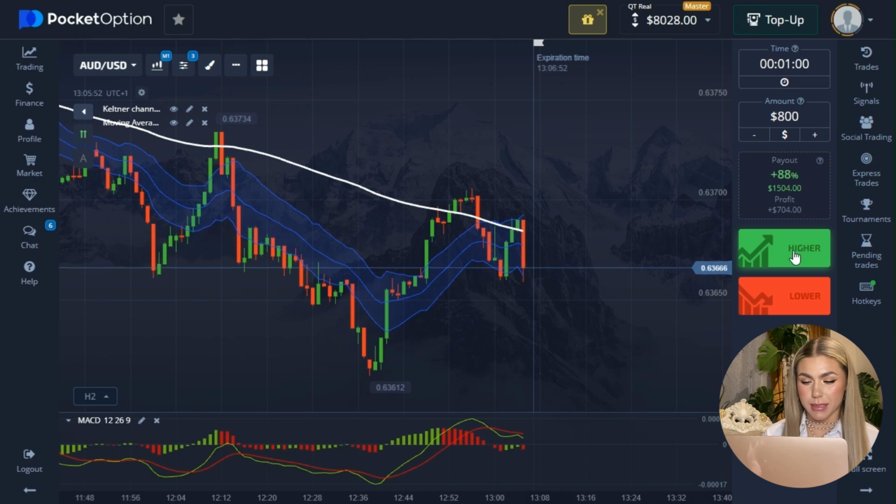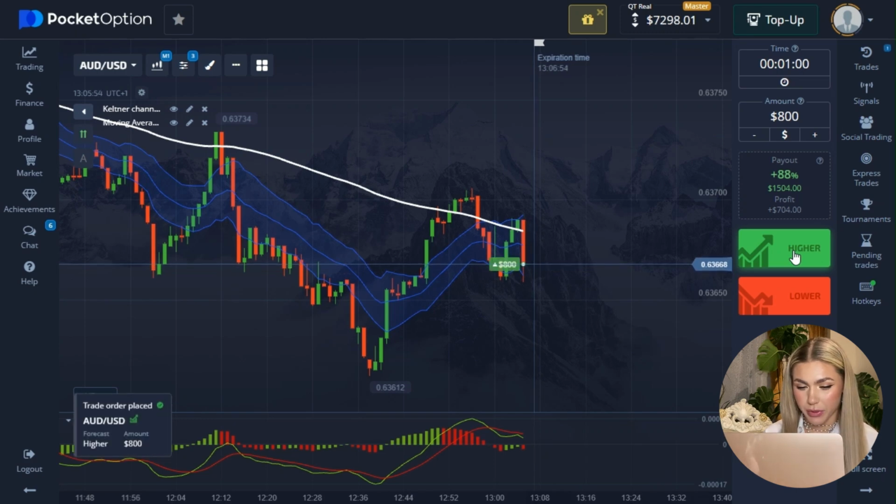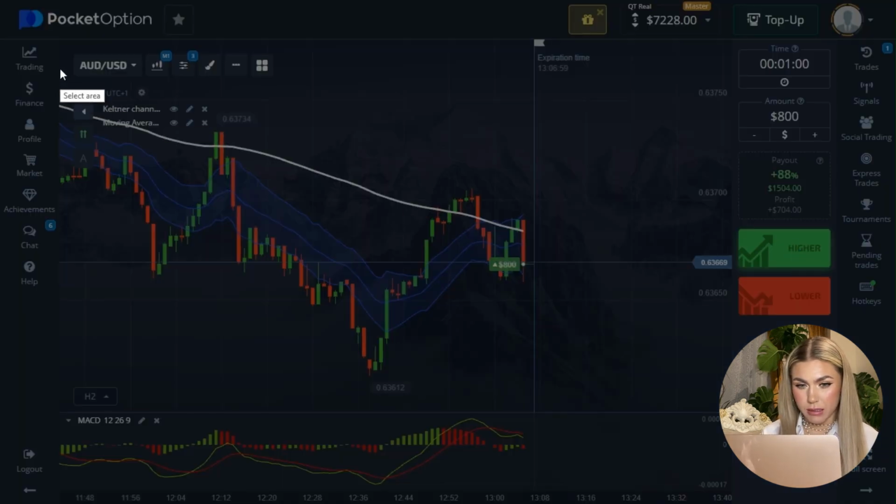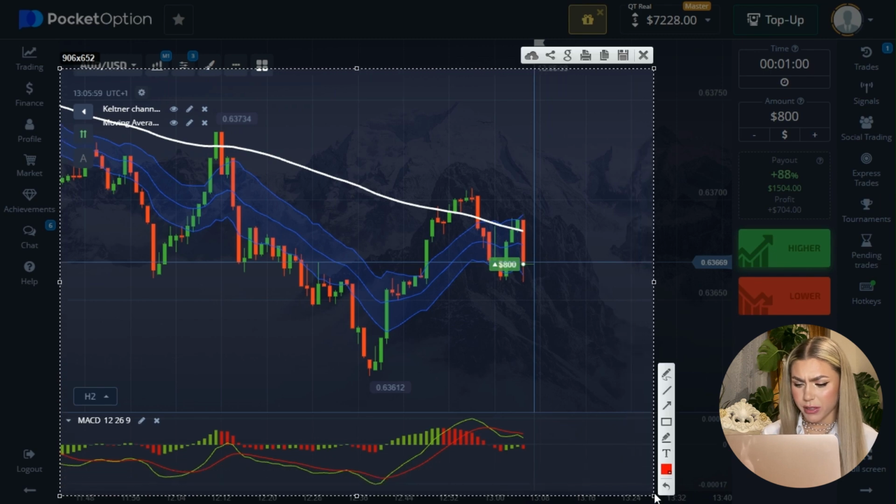Well friends, let's start by opening a deal to increase the exchange currency pair of the Australian and American dollars. Let's look at the chart carefully. Firstly, we can judge about the downward trend by the moving average signals.